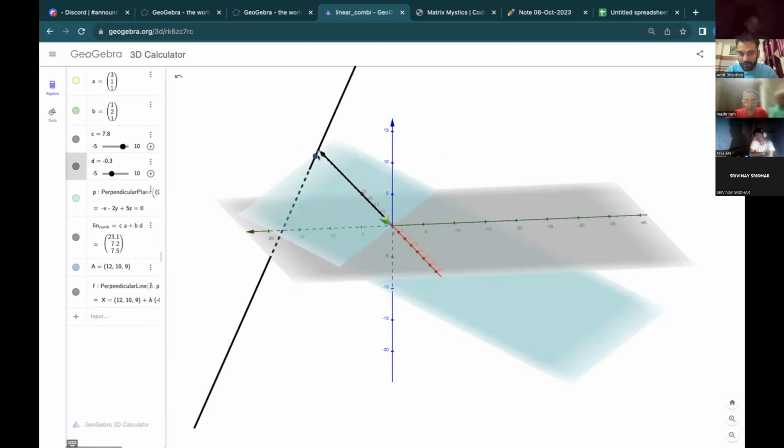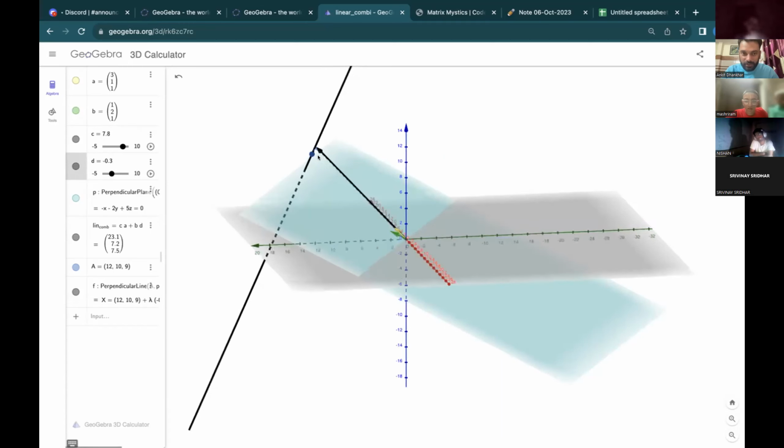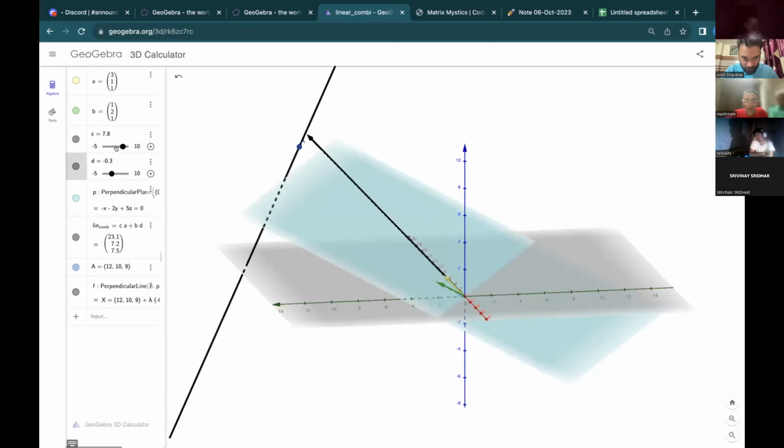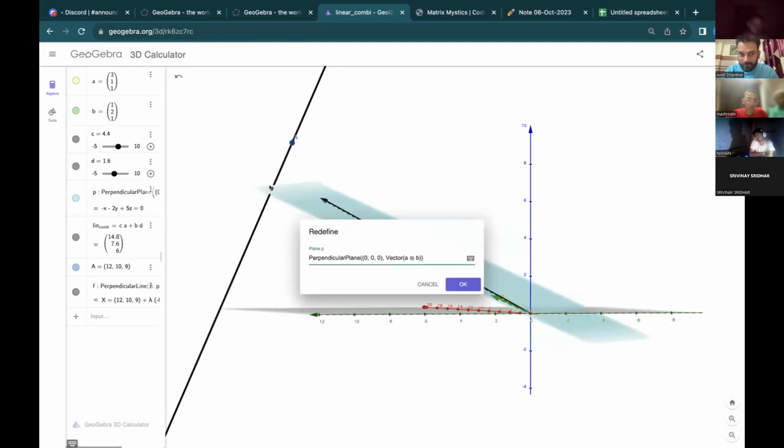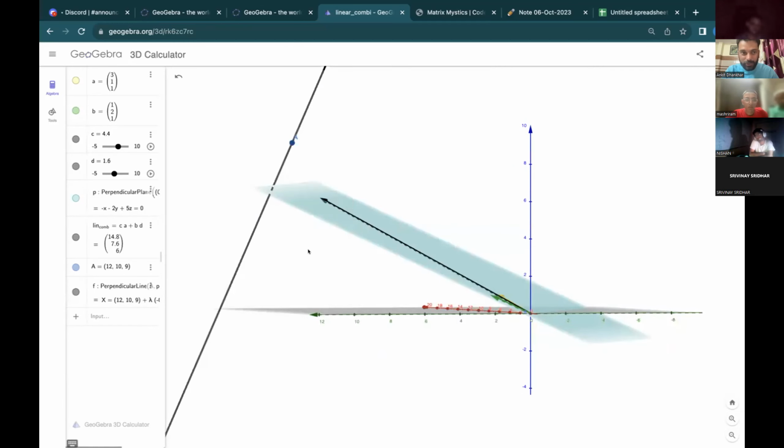Not point A, the point that is on the plane, but intersect this perpendicular line. And if we go here, we are not going to A, we are going to the point of intersection.